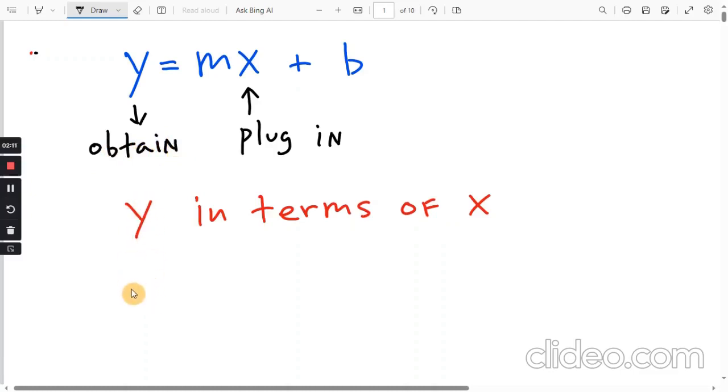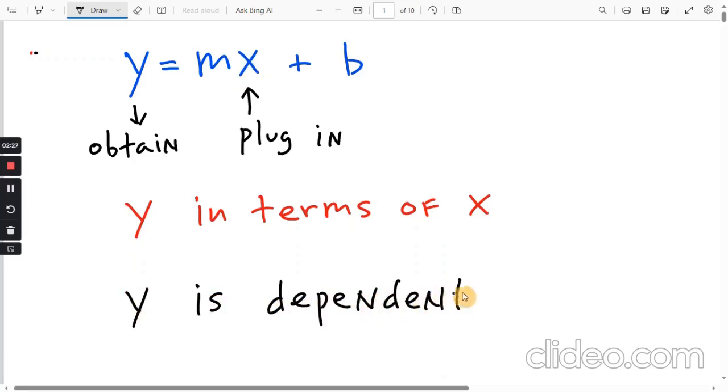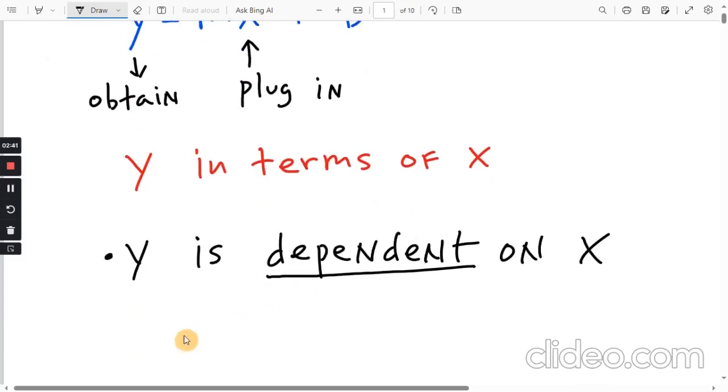So the bottom line is, since y is based on x, y is the dependent variable because y is dependent on x. That's the dependent variable because you plug in a value for x and you obtain a value for y. So since y is dependent on x, x is the independent variable.